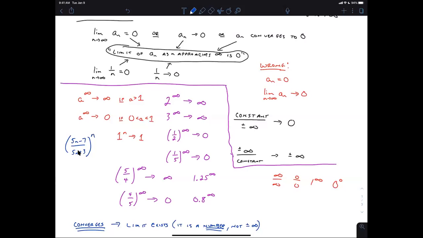We're going to review that in just a minute, but 5n over 5n goes to 1. And so this approaches 1 to the infinity, and then it's not actually 1. And so that's when we don't know, where the form is 1 to the infinity, but this fraction in there is not actually 1, it just approaches 1. And so that is when it's indeterminate and it's harder, and we don't know necessarily what happens. Does that make sense? Okay.